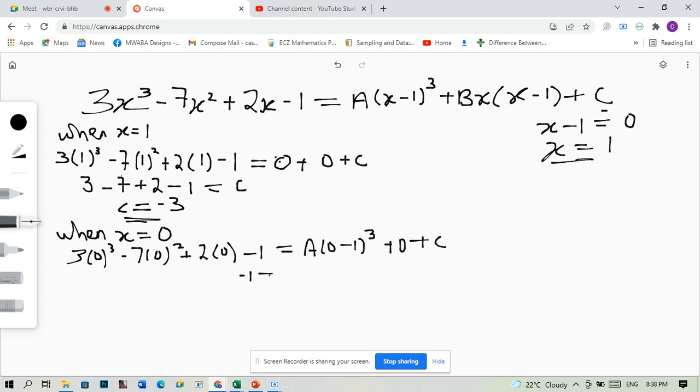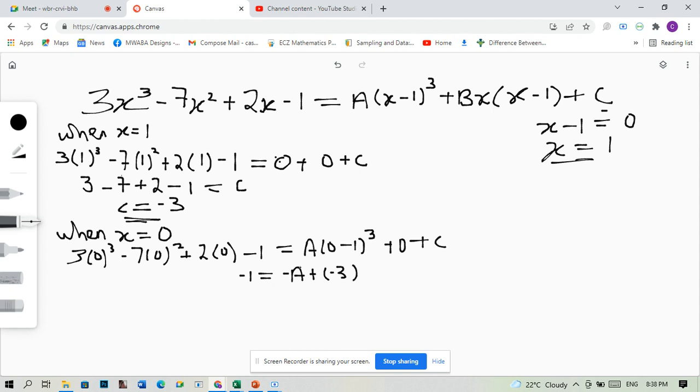So on our left-hand side we have negative 1. Then on the right, 0 minus 1 is negative 1. Negative 1 cubed is negative 1. Negative 1 times a is negative a, plus c, and we already have our value for c, it's negative 3.